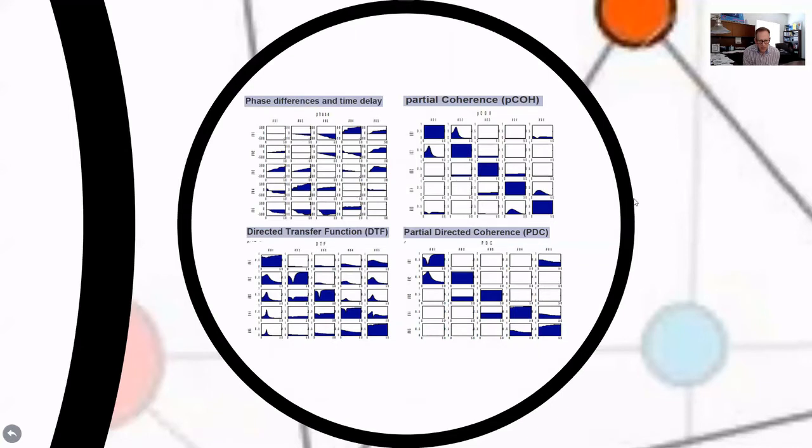Back down to the bottom left, distributed transfer function, which shows more. And finally, partial directed coherence, which shows our 1, 2, 3, 4, 5, 6 connections that are our true connections.